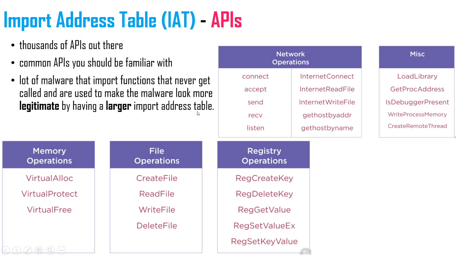So you should concentrate: if this malicious file is having a number of APIs, a large import address table, then the malware author has tried to make that file look like a legitimate file. So we have to make a note of that also. So these are what we consider here for the import address table, right?